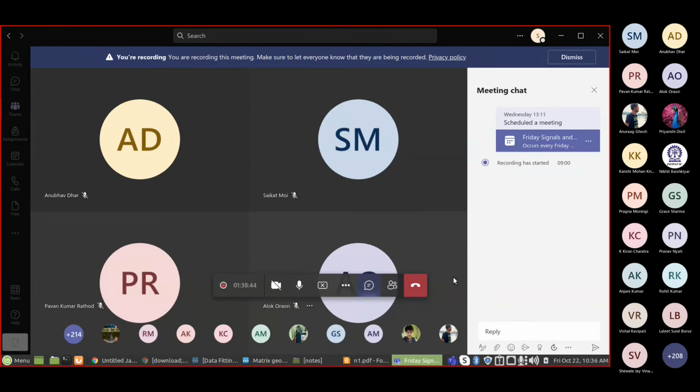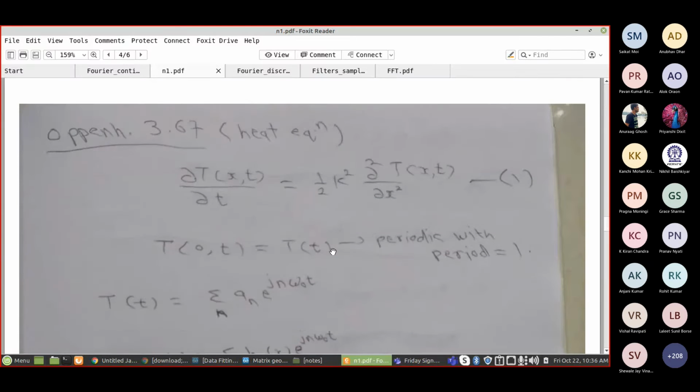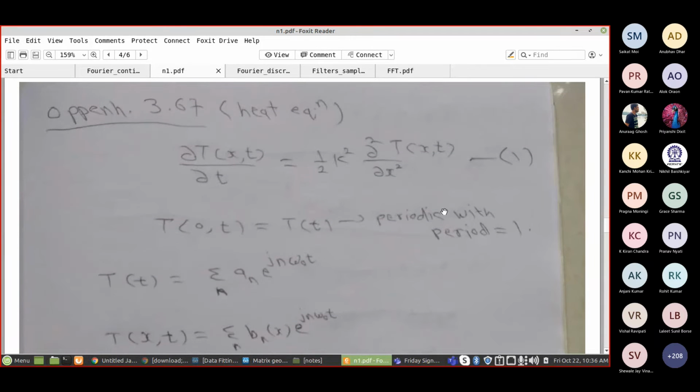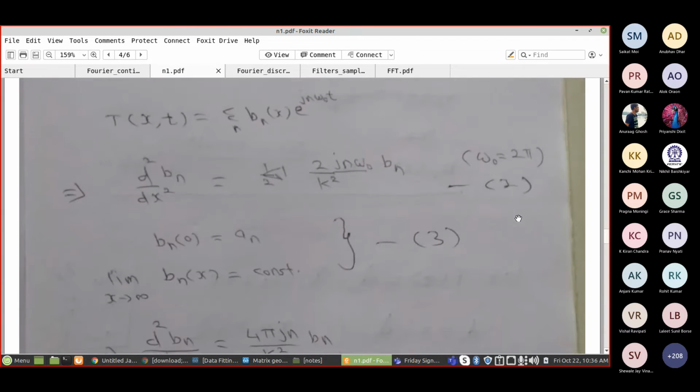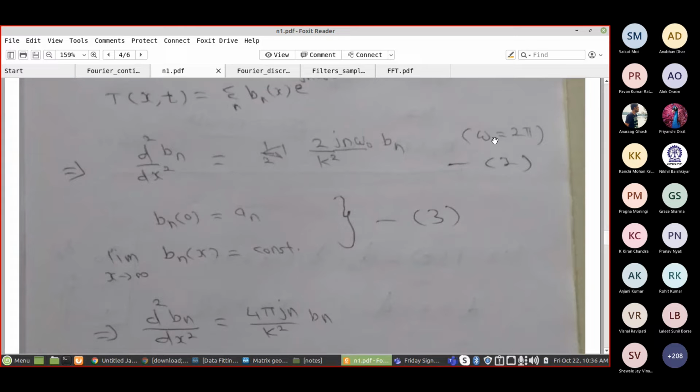So here, how did you take the period? Sorry, how did you take the period? Period 1 was given to us. This was given in the problem. You can take a different period also. That will just change your scale factor. So omega naught will change, of course.